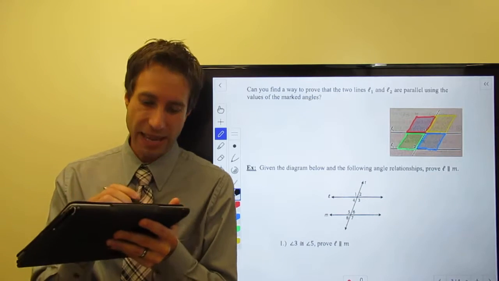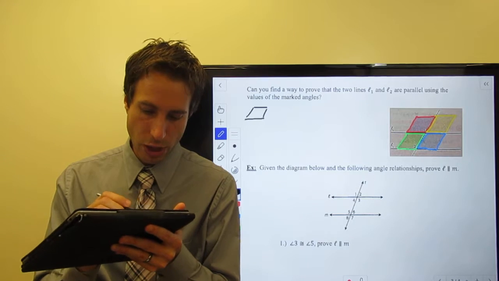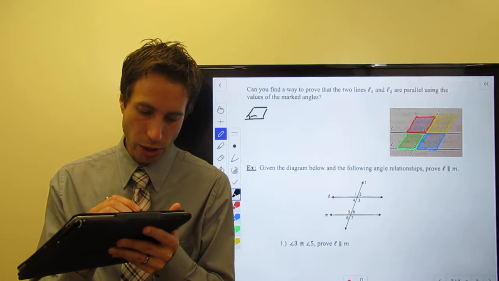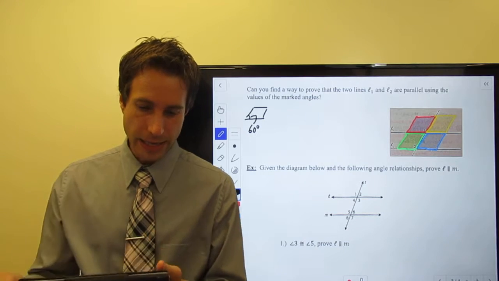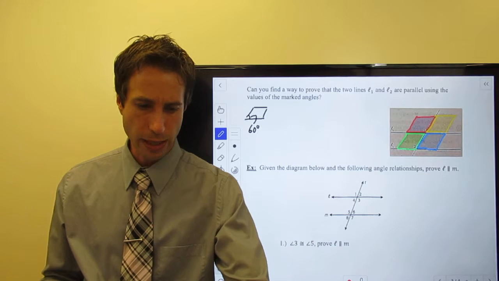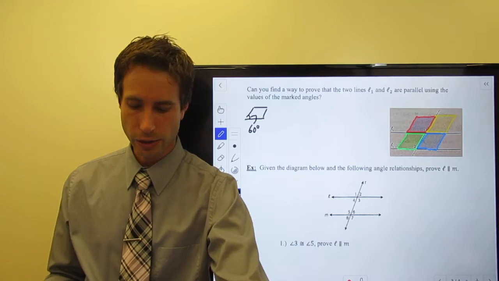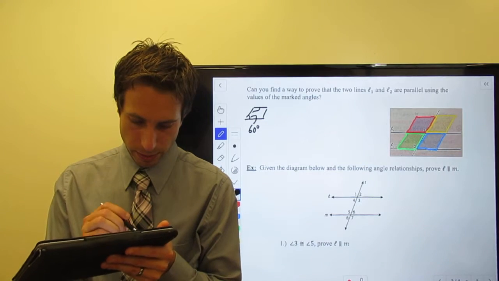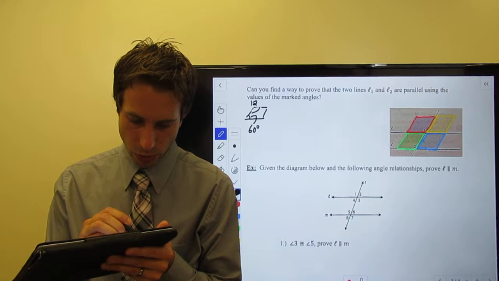If you guys remember that tile that I drew for you on the previous page, here's what we said. We said that these bottom angles down here were 60 degrees, and these angles up here in the top were 120 degrees. So this guy right here was 120 degrees.